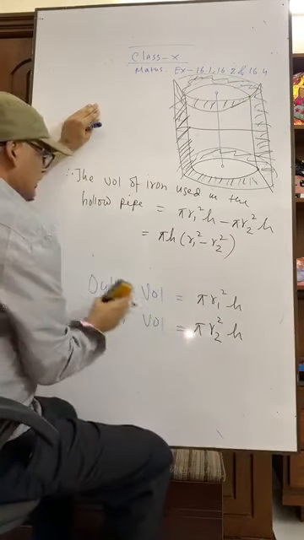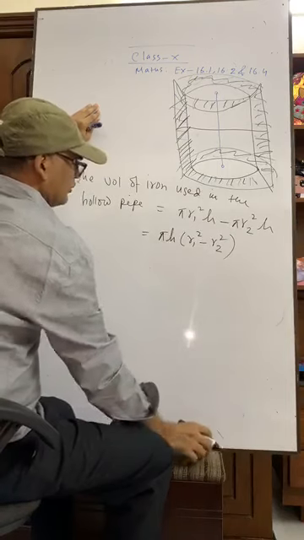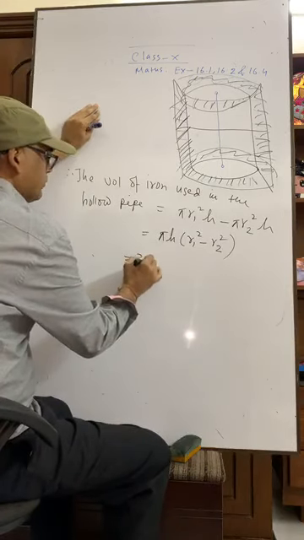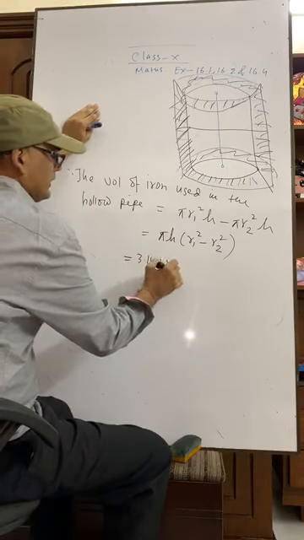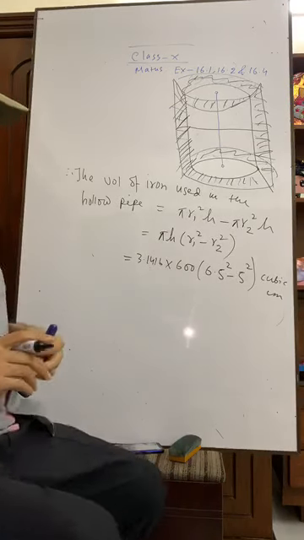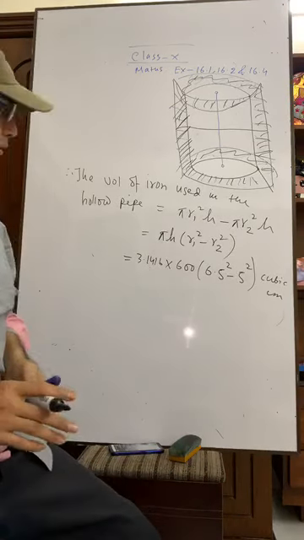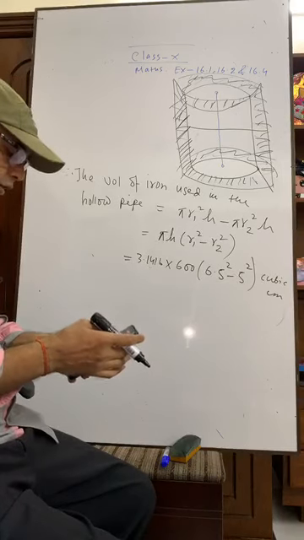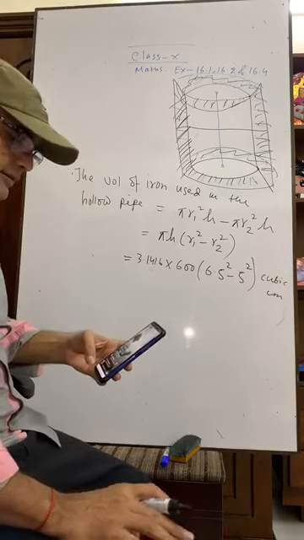Now you just calculate 3.1416 into 600 into 6.5 square minus 5 square cubic centimeter. Please use the calculator and let me know what is the result. I am waiting for your result. Use the calculator. I want to see.